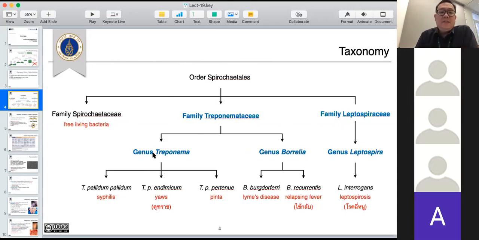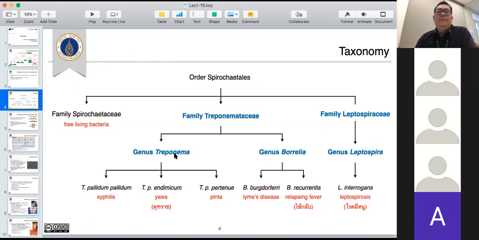The first genus is named Treponema. Treponema can be normal flora in the human mouth. For example, Treponema denticola causes tooth decay. And the serious one is Treponema pallidum.